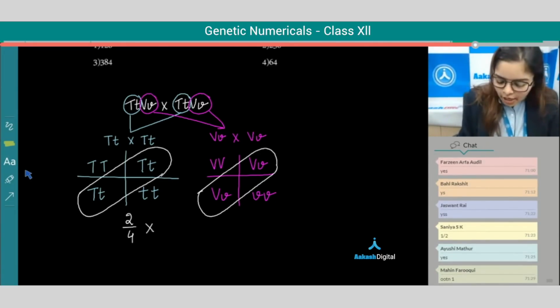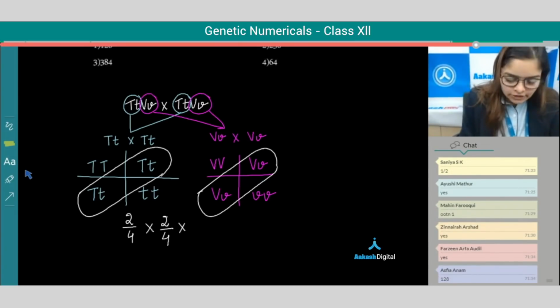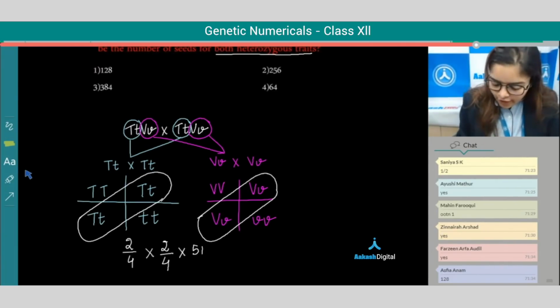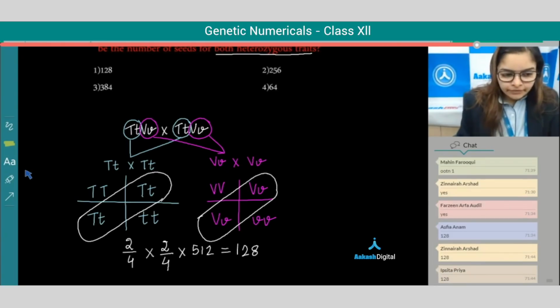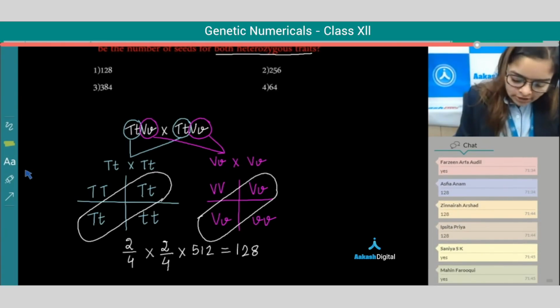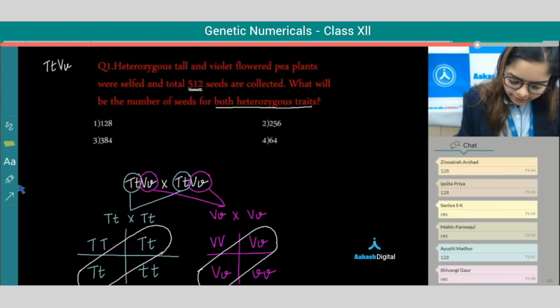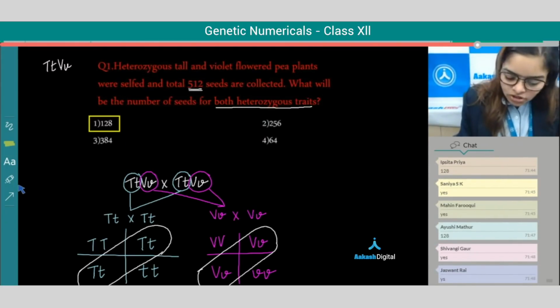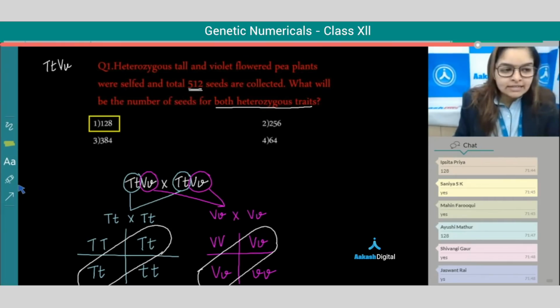So as per the product rule, 2 by 4 into 2 by 4, and as per the question, the total number of seeds are 512. What will it be, class? So it will be 128. So option number 1 is correct. Any question, any doubt? Option 1 is right.